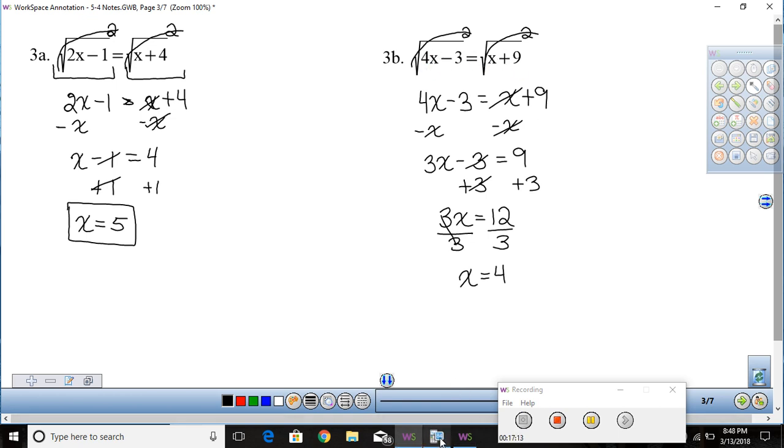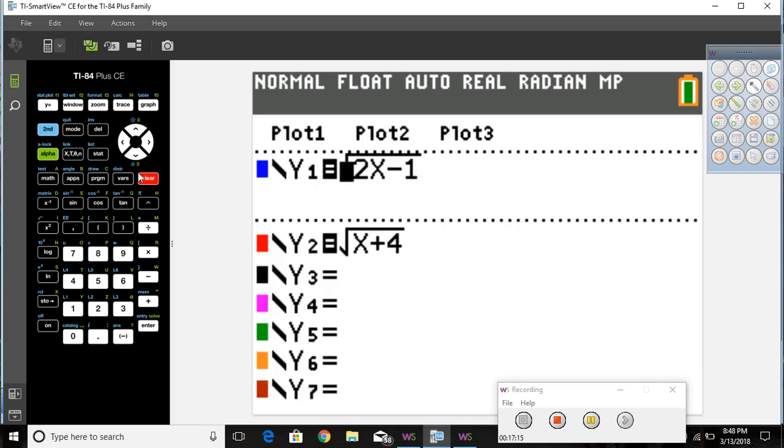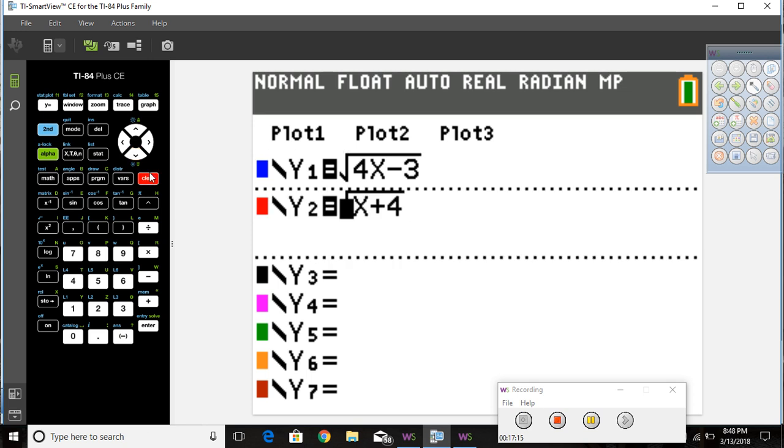So we've got square root of 4x minus 3. And I'll try to get these in properly the first time. Then we've got the square root of x plus 9. And then we're going to graph that.